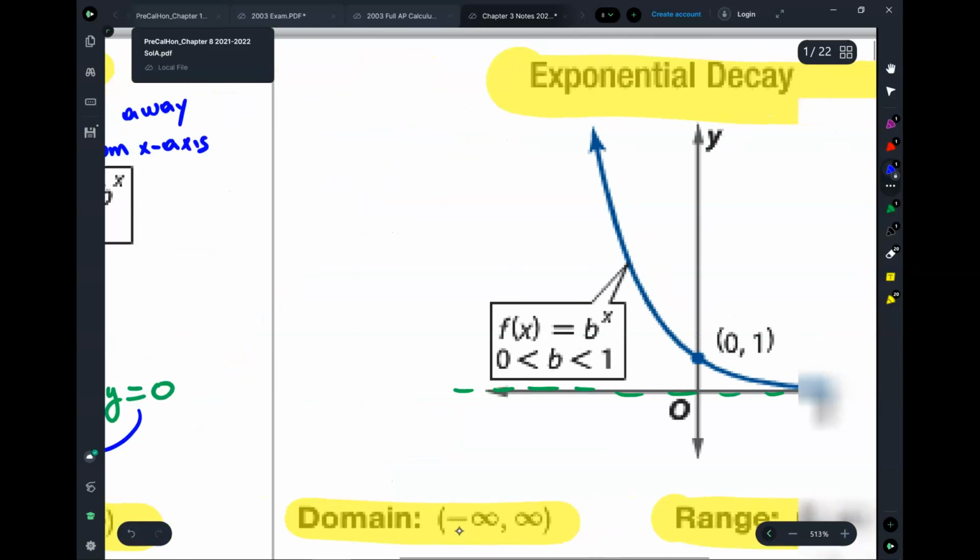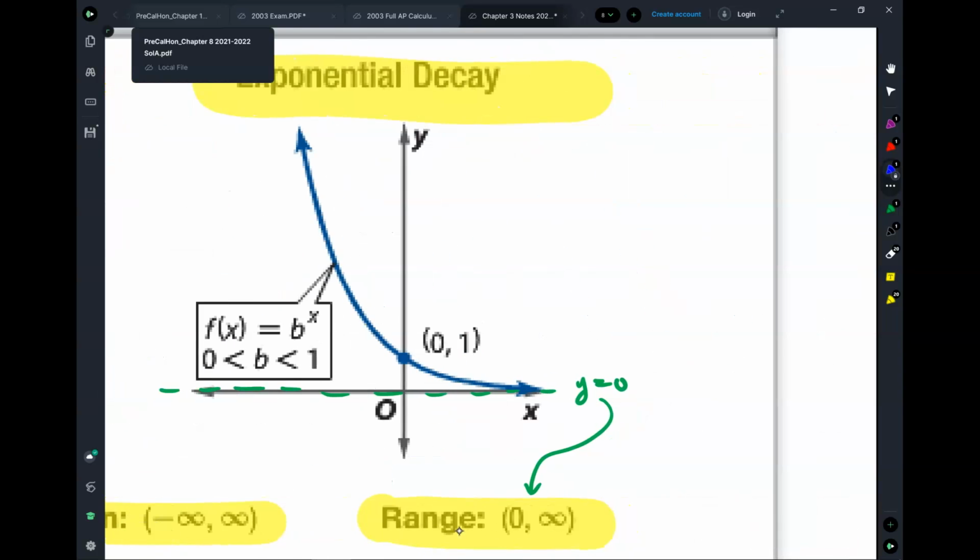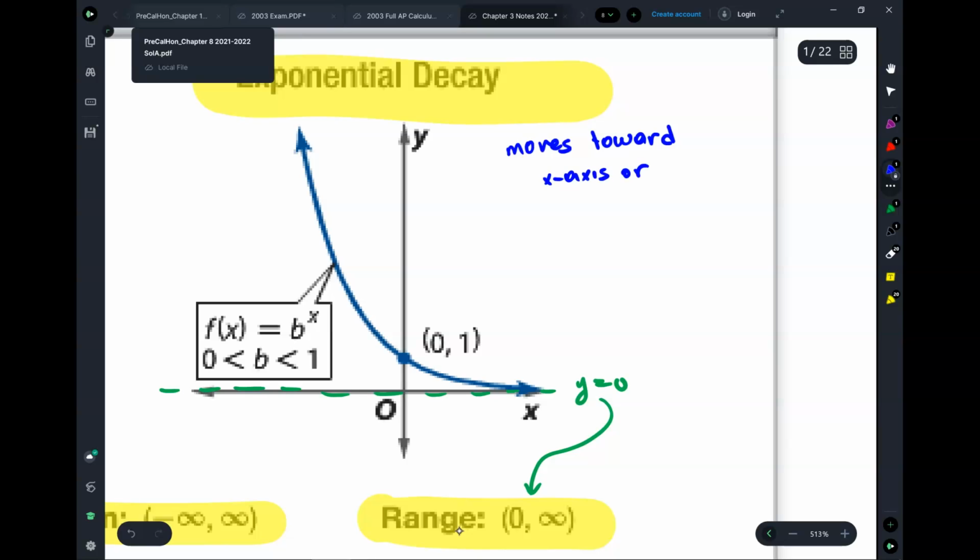That's exponential growth. Exponential decay, as you move further and further to the right, the graph moves toward the x-axis or the asymptote. It moves toward the x-axis or asymptote.